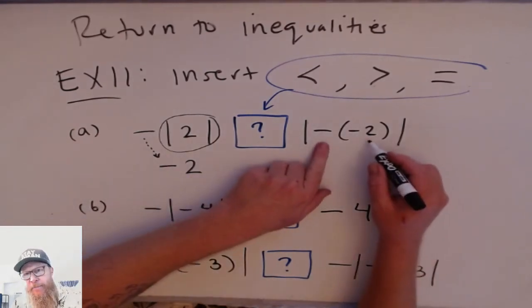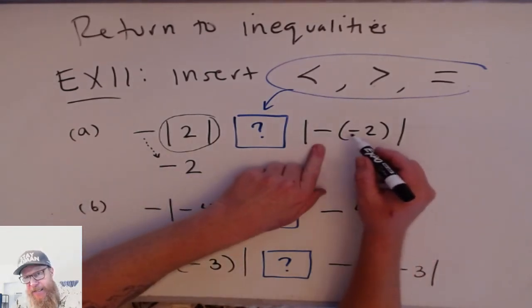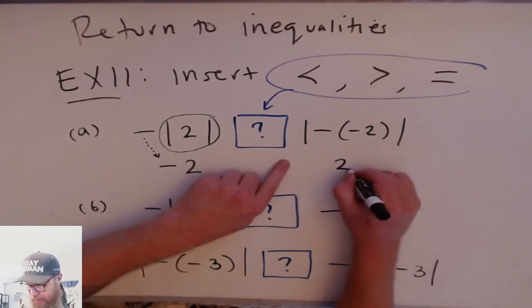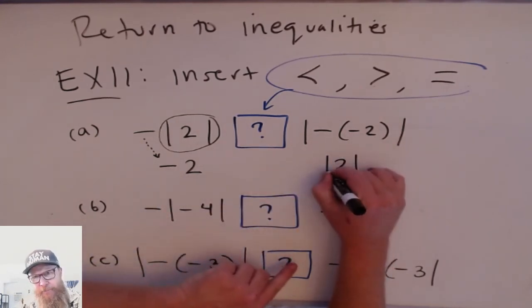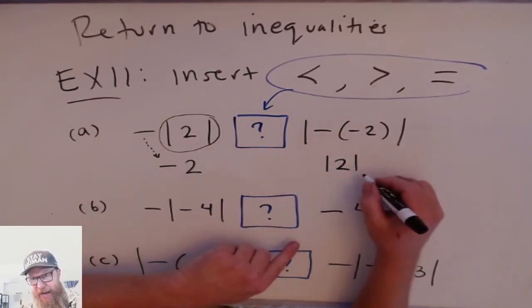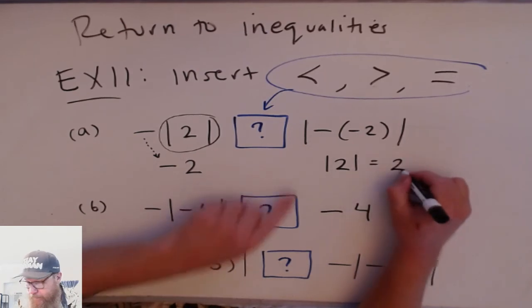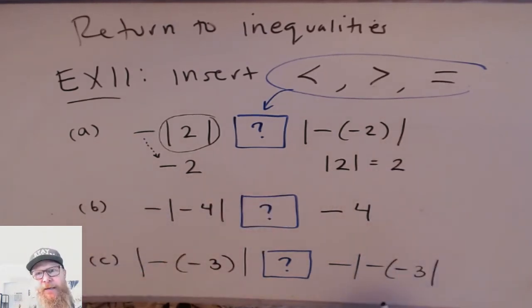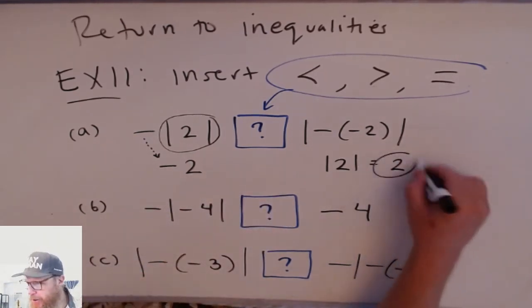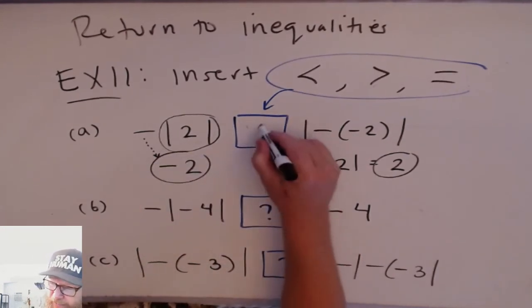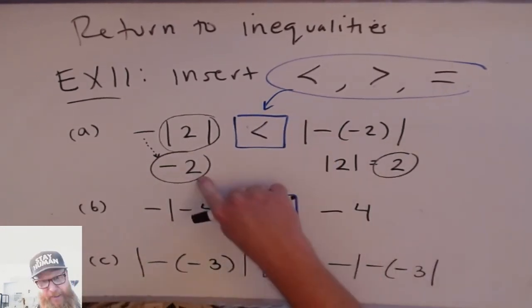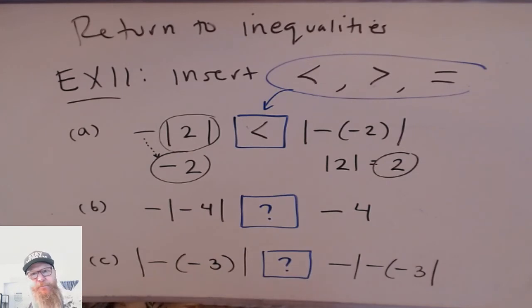Over here, you have the opposite of -2, which is 2. And then when you take the absolute value, it becomes 2. Okay, so who is greater? 2 or negative 2? 2 is greater than negative 2, so it's greater.